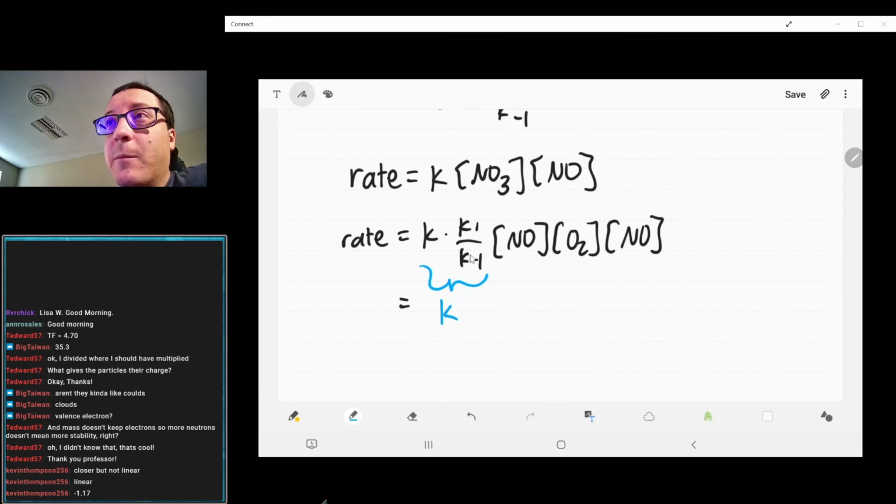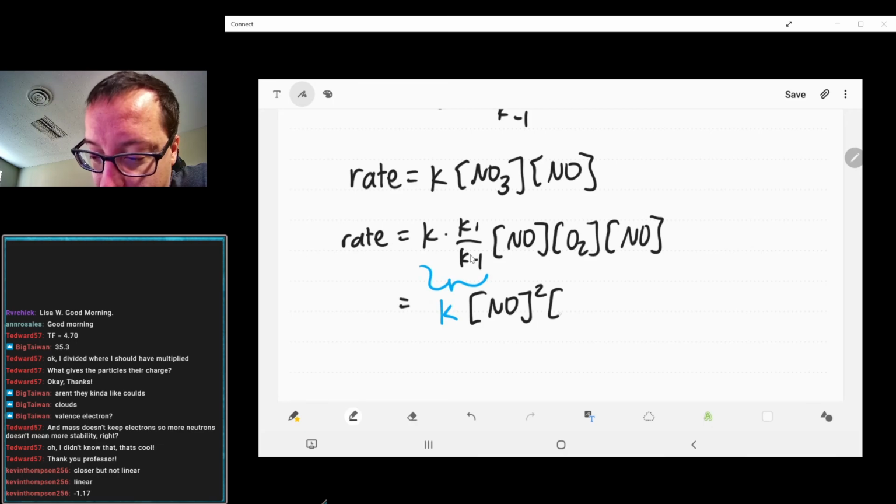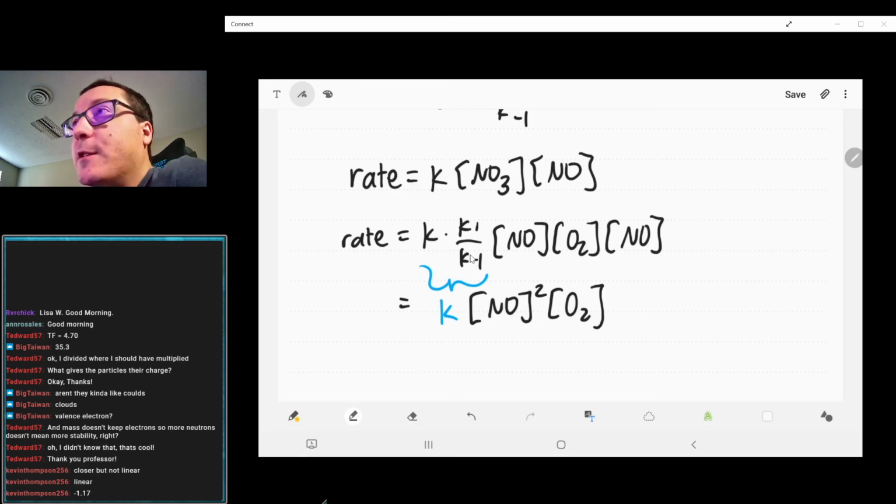I'm just going to go ahead and call this K. It doesn't really matter. We don't really have a value for K at this time, so I'm going to lump all this, K times K1 over K minus 1, whatever, let's just call that all K. We do that, and we can end up getting our experimental rate law out of this.